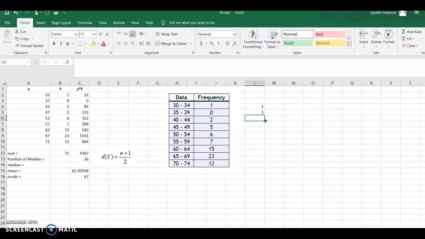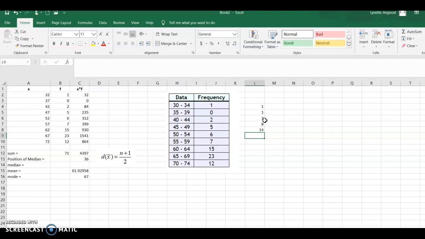Now when I move to the next class, 40 to 44, there were 2 additional values. So if I add 2 to the one that I have, I'm now at the 3rd data value. Now when I move to the next group, I have 5 more. 3 plus 5 is 8, so I'm at the 8th position. When I move to the next group, 8 plus 6 is 14, so I'm at the 14th position.